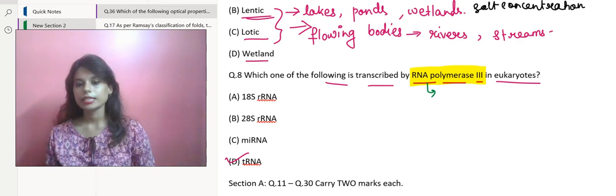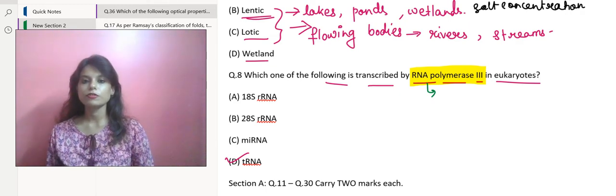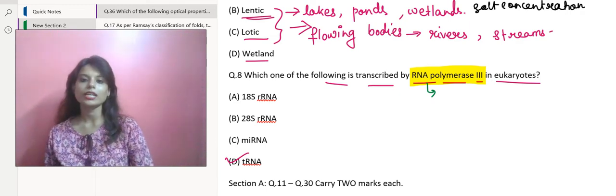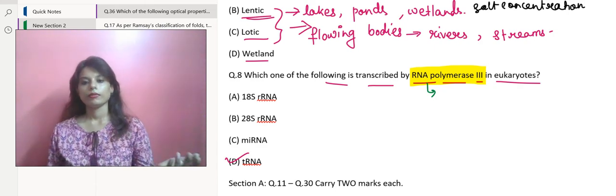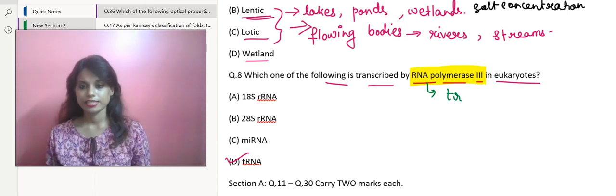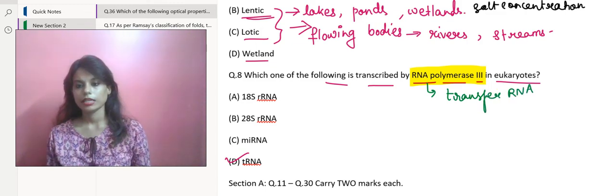RNA polymerase 3 is responsible for transcribing a variety of non-coding RNAs, including transfer RNAs. Okay, that is tRNA, which is there in the option we have just chosen.